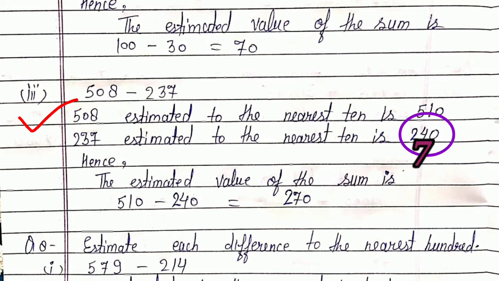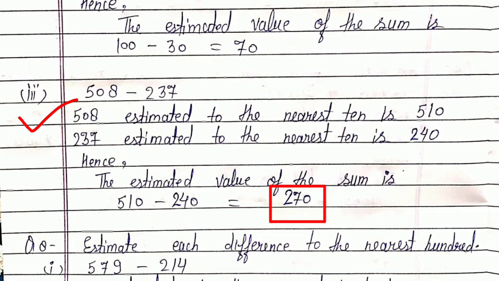Here 7 is greater than 5, so we will increase one number in the rounding place, that is 3, and it will become 4, so the number will be 240. Hence the estimated value of the difference is 510 minus 240, which is equal to 270. Now try to solve the remaining parts on your own.